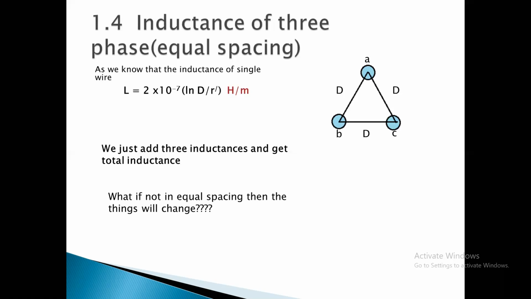In case of equal spacing, yes, you can. But normally in problems, I saw in your notes, they are about unequal spacing. Yes, so we are going for unequal spacing.